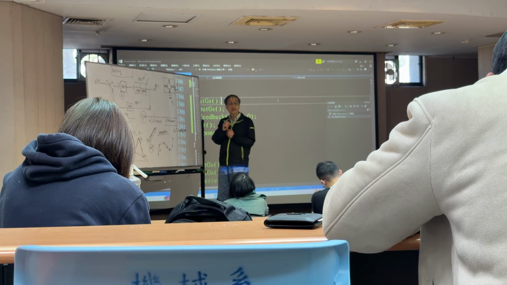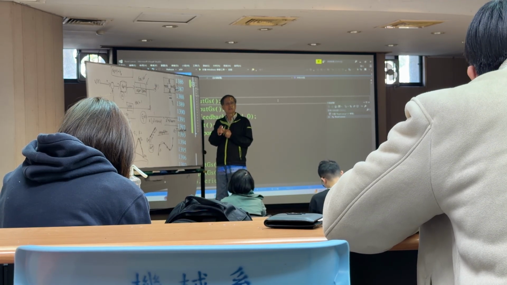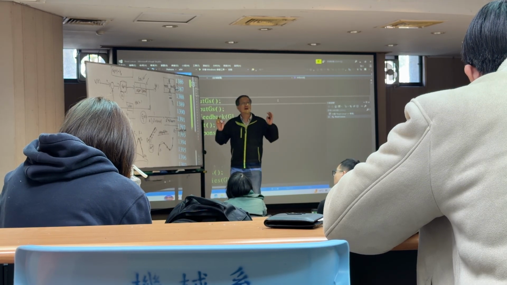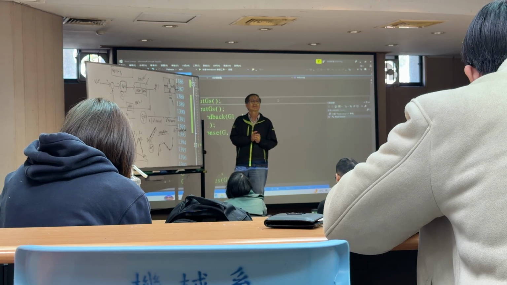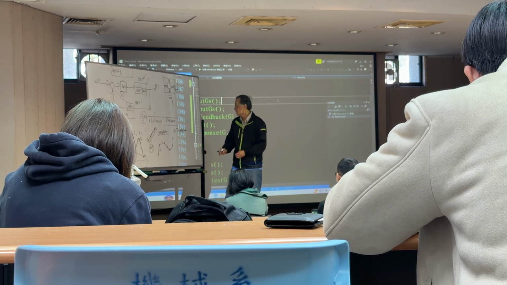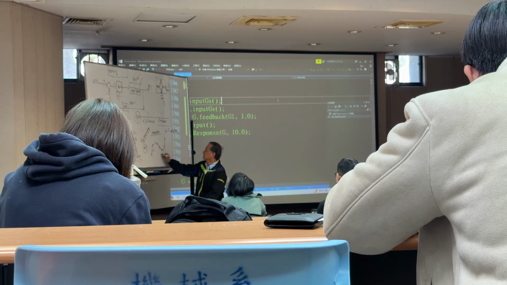Okay, so if we have a sampling time, we need to calculate delta s based on sampling time and velocity. To make it very simple for you, actually it could be more complicated, but let's keep it simple. What is delta s?